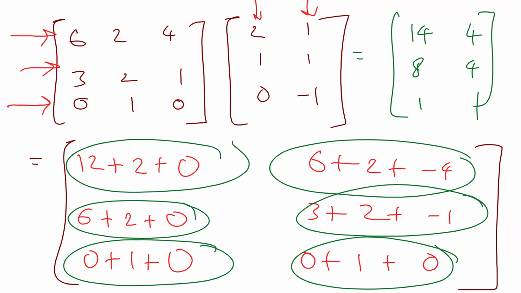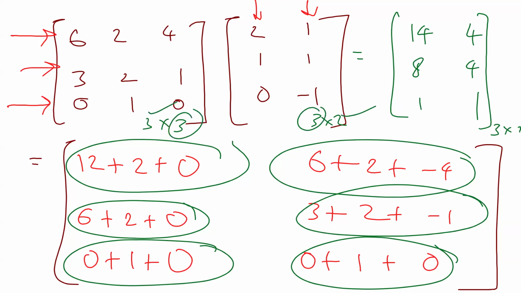So the resultant matrix has the order 3 by 1. This has to be 3 by 1 because this is 3 by 3 and this is 3 by 2. Sorry, I said 3 by 1, it is 3 by 2. That is the order of this matrix.